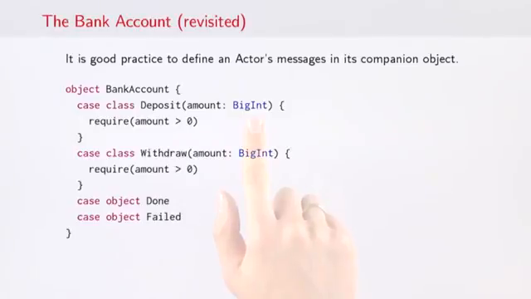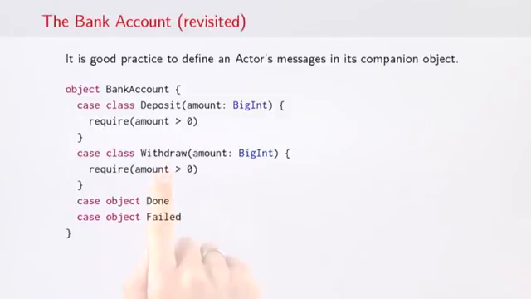I'm using BigInt here to avoid problems with overflow, just because someone might have more than 2 billion Swiss francs in one account. And of course, we need the amount to deposit to be positive. Require is a library function which will simply throw an exception if the condition does not hold. This means that a Deposit object which has been instantiated will always have a positive amount in it.